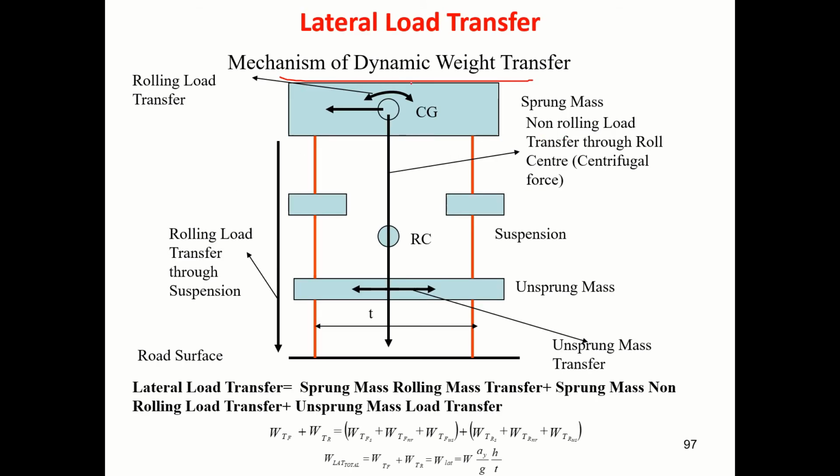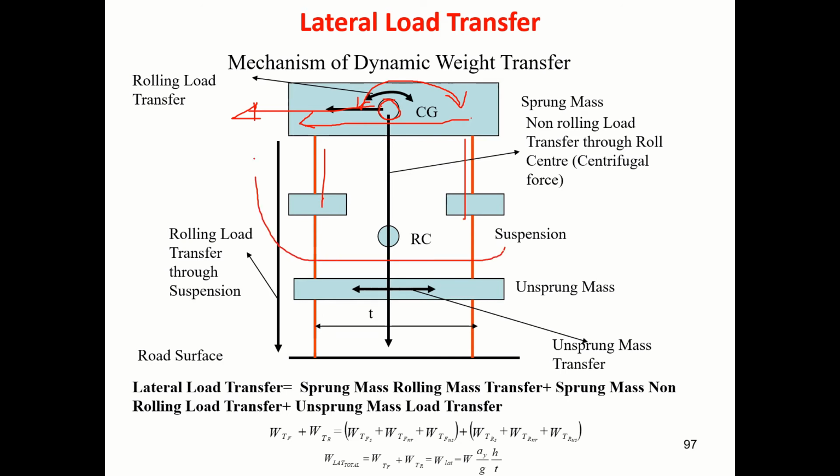You see here, load transfer from inner side to outer side. It happens due to the mechanism of centrifugal force through the center of gravity. And you see here you have suspension. So it rolls, and because of that rolling also, load gets transferred from inner side to outer side.